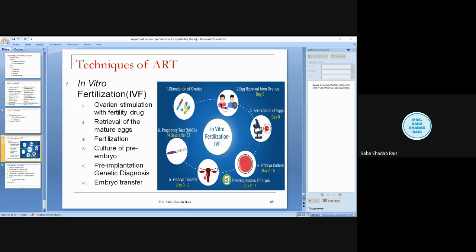They check that the two nuclei, male and female, are fused, and thereafter embryo transfer. This technique is very good for couples who have the problem of oligozoospermia or asthenozoospermia. So these are the various ART techniques which are helping couples who are not having a baby and are fighting with fertility problems.